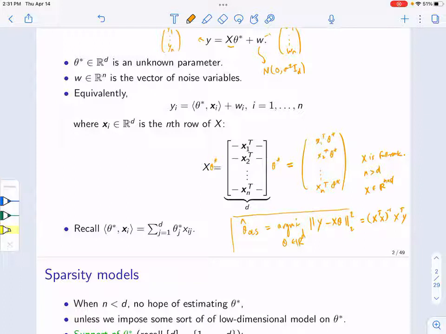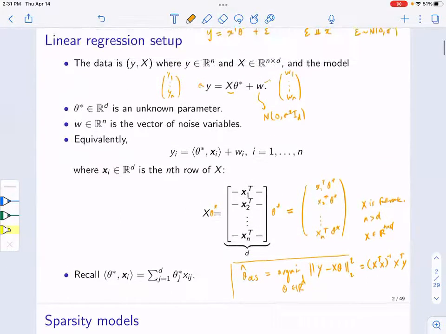So y minus x theta can be made 0, such that y is equal to x theta. And that's not generally good. You don't expect something that reproduces y exactly to perform really well later, because part of this is noise and you don't want to be fitting to noise.